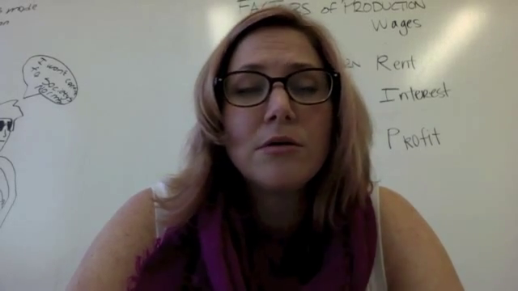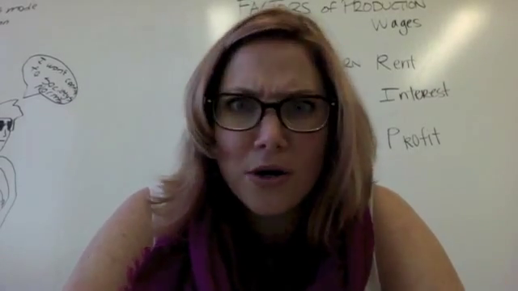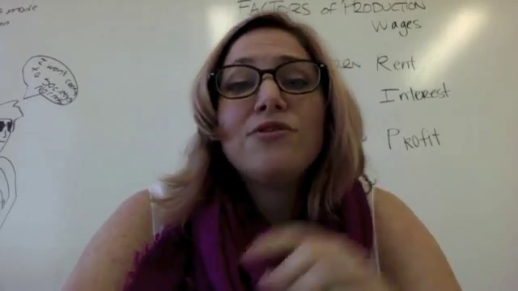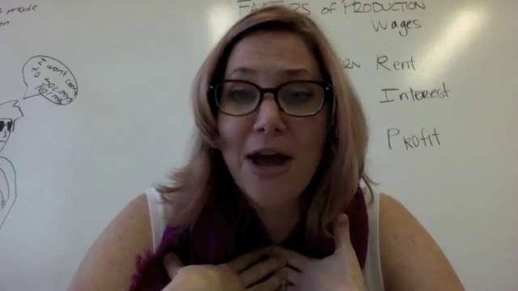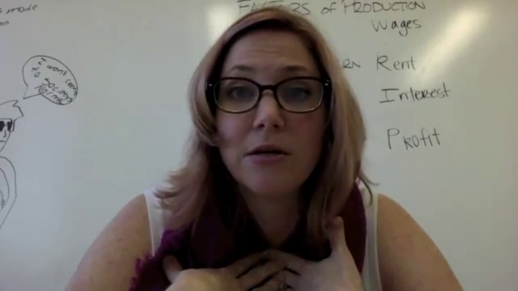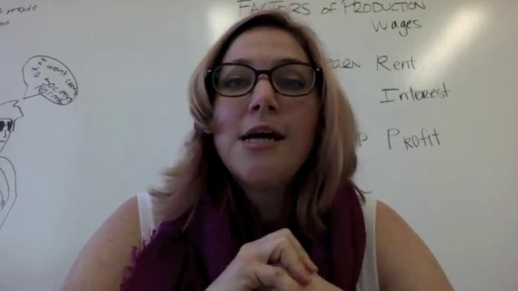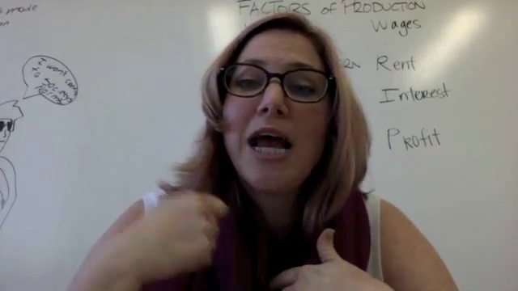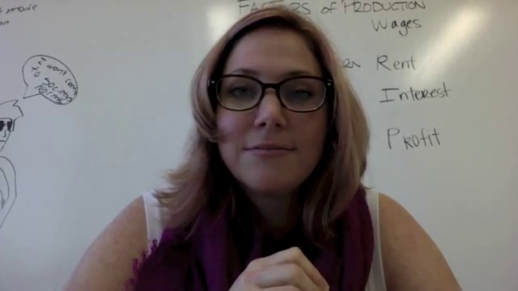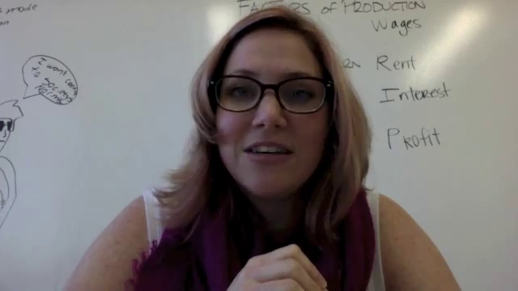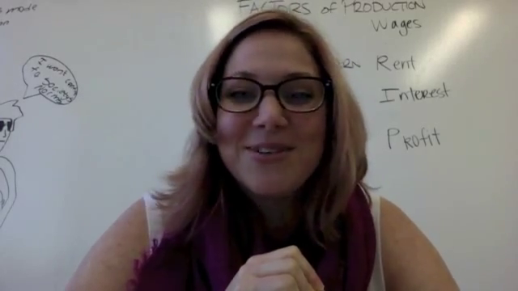So when you want to get those chemicals to complete your dilution lab or the water or whatever, you will have to actually come to me, because I will be in the factor market, the factor resource market, and you'll know what that is when you watch the two-sector circular flow video. And you will come to me and you will hand me a sheet of paper that says rent. To get your chemicals, you have to give me rent. If you try to give me any other income, you're not going to get your chemicals.